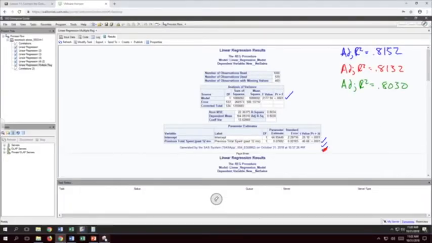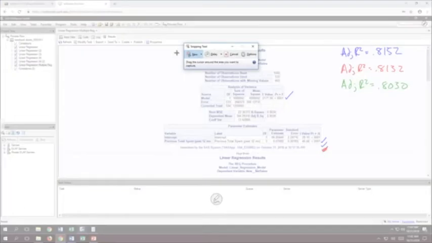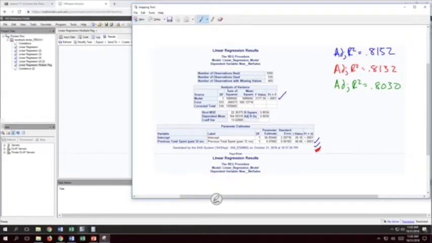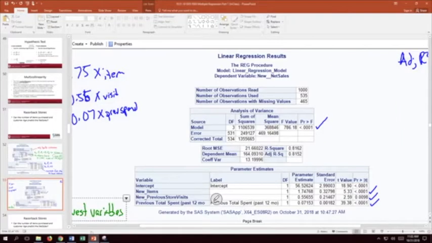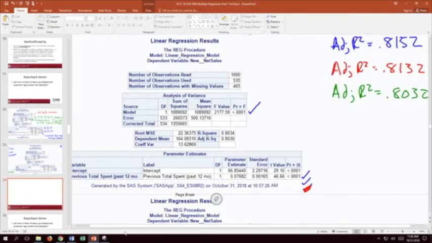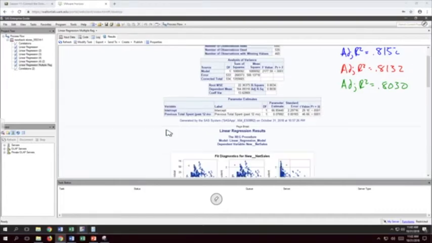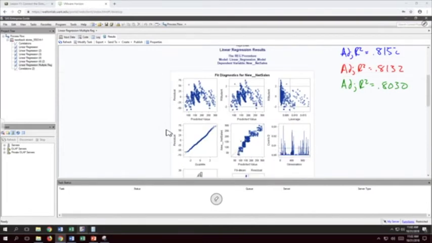That's the part we need. Alright. So if we scroll down farther, then we can get a look at the residuals. So do we have any outliers? We kind of got a few. So we haven't had this conversation yet. What do we do with the outliers?